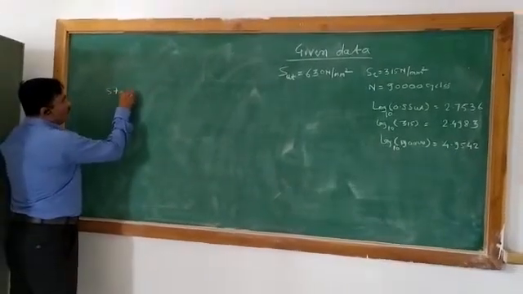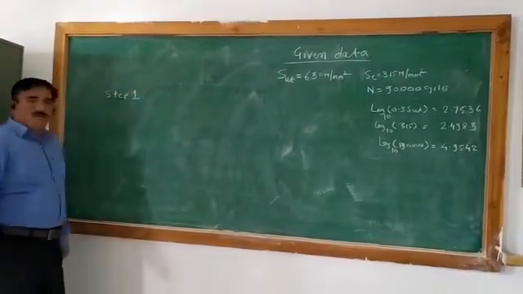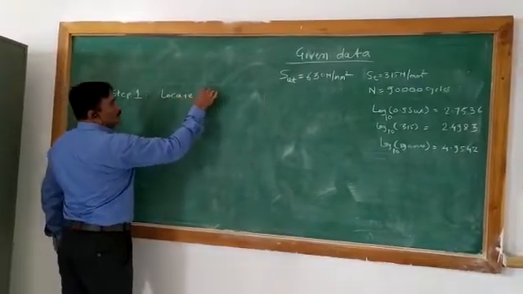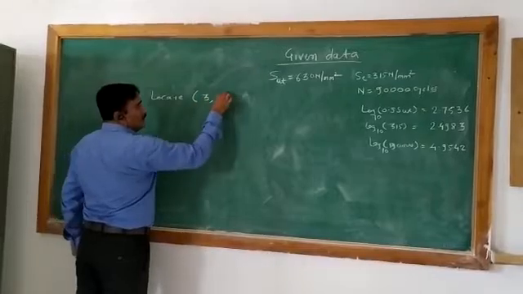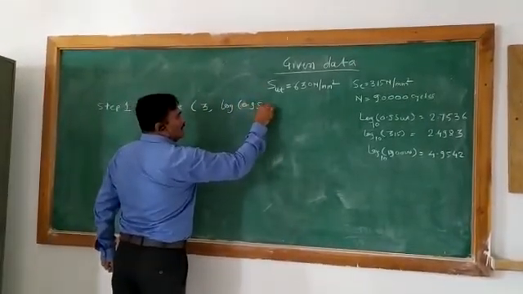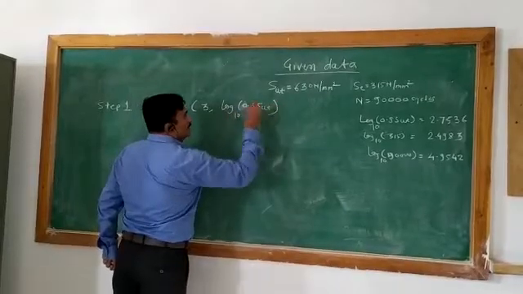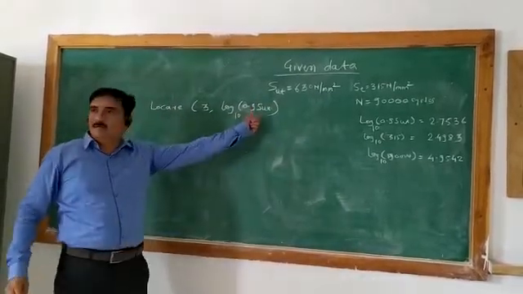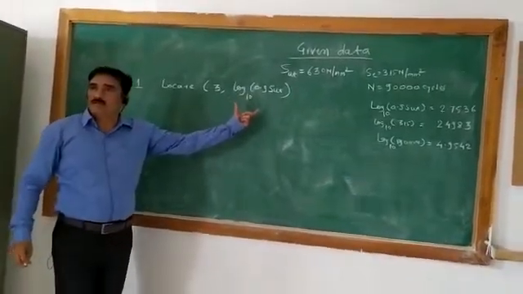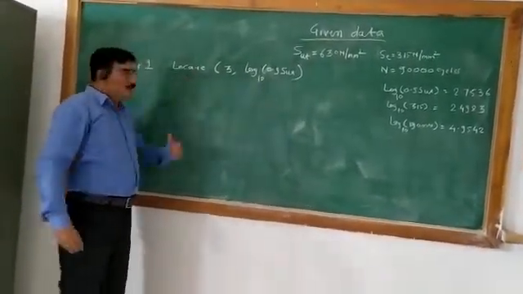So, step 1, you need to locate a point (3, log of 0.9 SUT to the base 10), where SUT is the ultimate tensile strength. This is the first point.